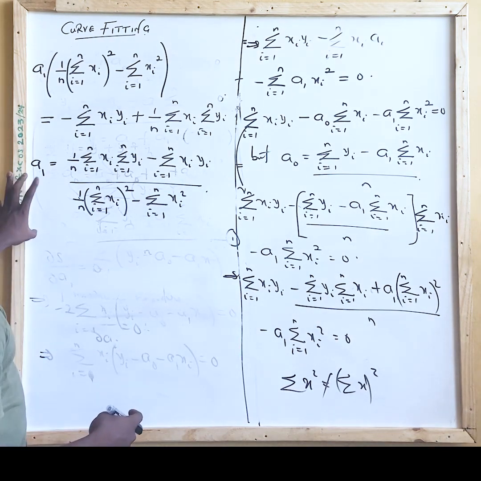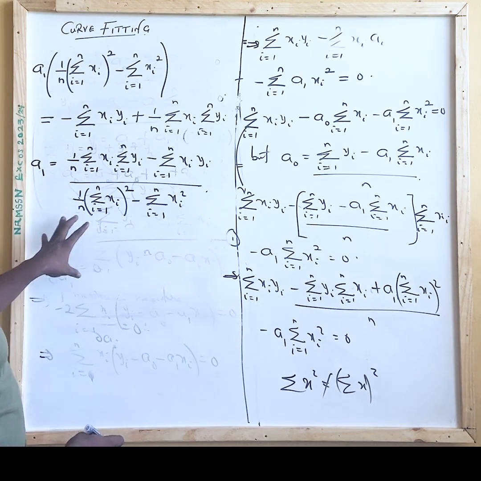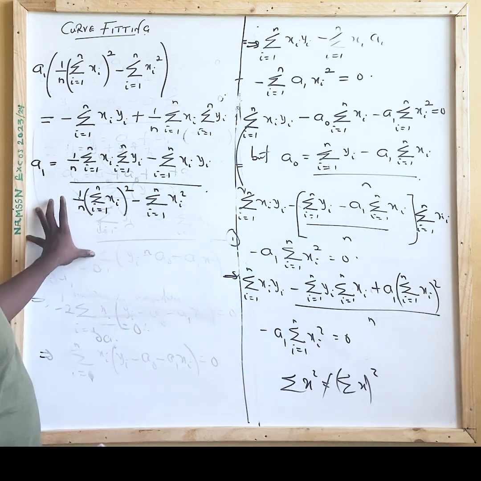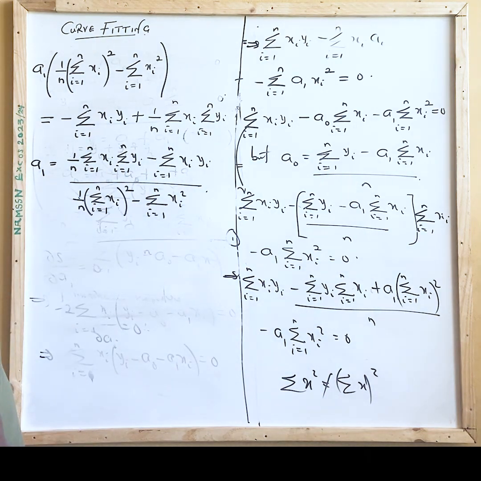You can see that in this place there is no a naught. Everything we have here are values that we can get: summation xi, summation yi, and so on. So all of these are quite easy to get. So this is our first solution. Of course, we can still simplify.